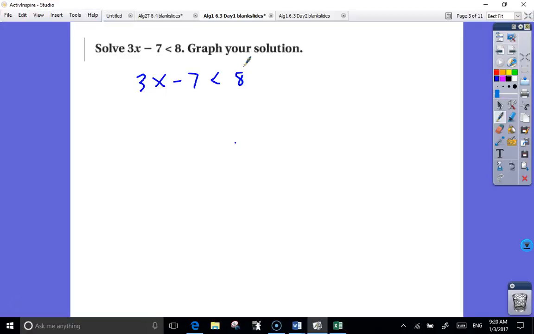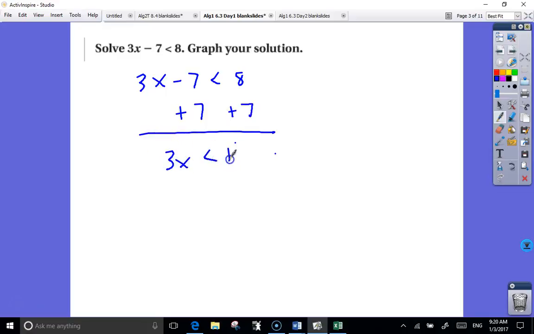How do you know which one to do first? Kaylee? Yeah, reverse order of operations. Without order of operations, you do multiply before you add or subtract. But in this case, it's going to be add 7.